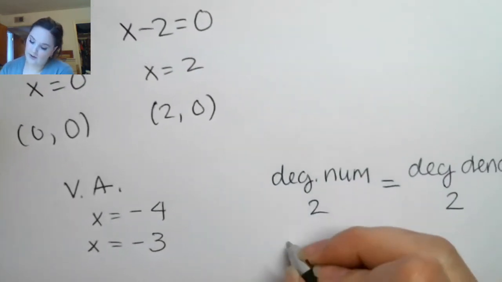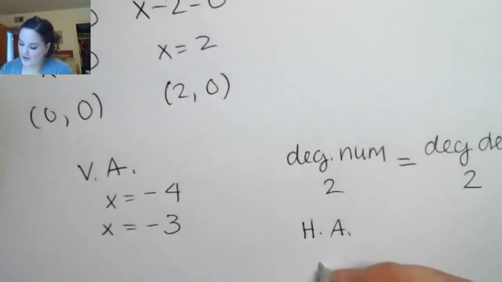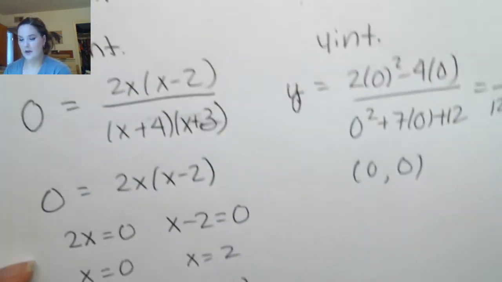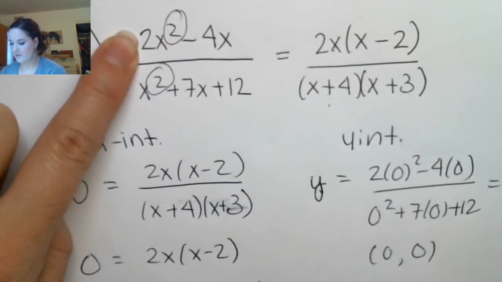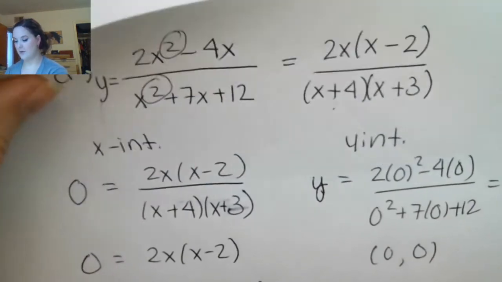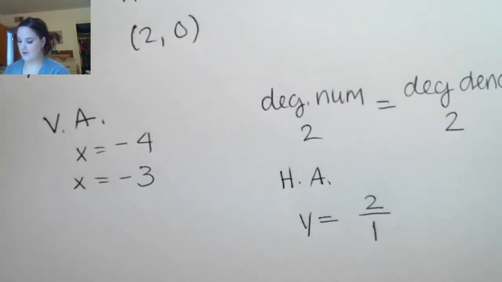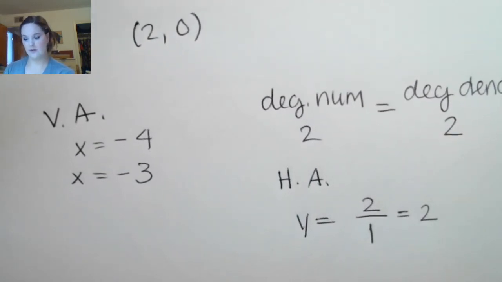We know that we have a horizontal asymptote, and we get it by making a ratio. We take the leading coefficient from the numerator, which is 2, over the leading coefficient from the denominator, which is 1. That's what I got here, which gives me y equals 2.